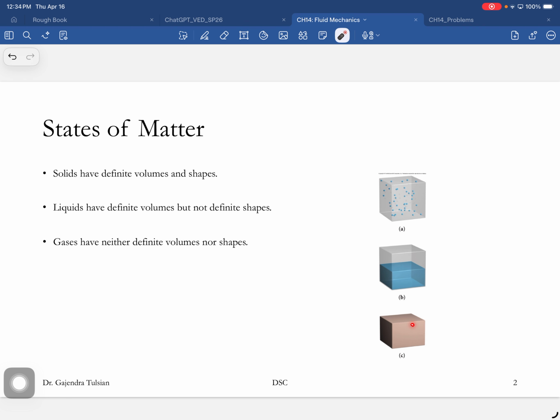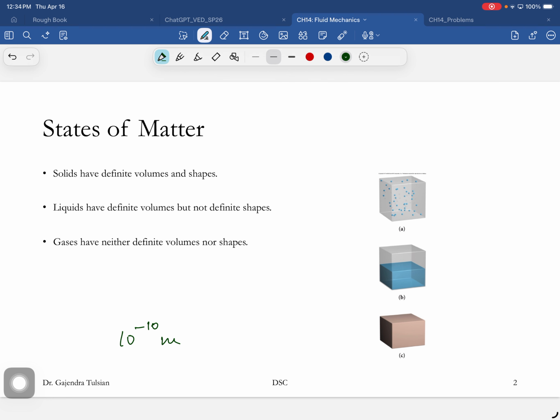Okay. Solids have definite shapes and definite volumes. So solids, you can't change their shape easily either. So what you'll see shortly is that the size of an atom is about 10 to the minus 10 meters.